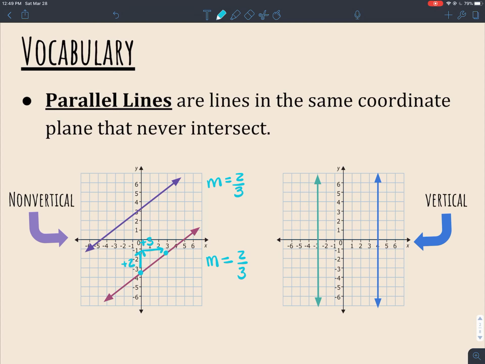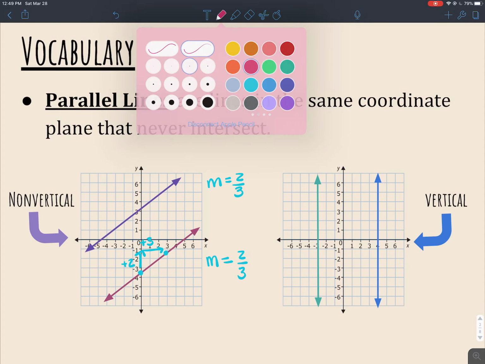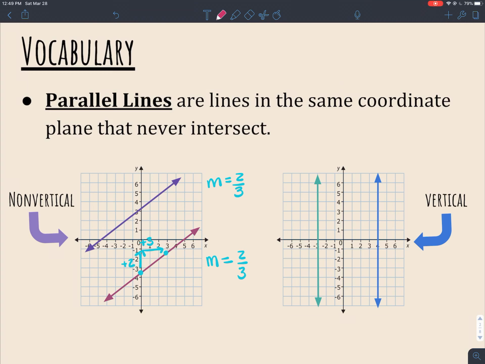What I want you to notice for the diagram on the right is that we have two vertical lines. If we try to find the slope of a vertical line, say I picked two separate points here, the bottom point is -3, -2, and the top point is -3, 3. We do y2 minus y1 divided by x2 minus x1.